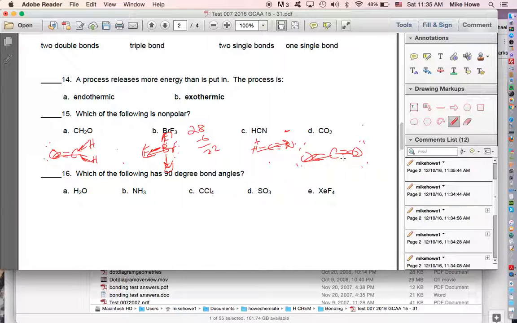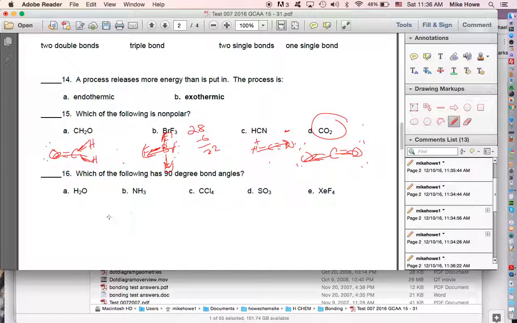So since they're opposite directions, but in the same line, they're going to cancel each other out, and the molecule will be nonpolar. So the answer is D. All right, so this one is the answer.